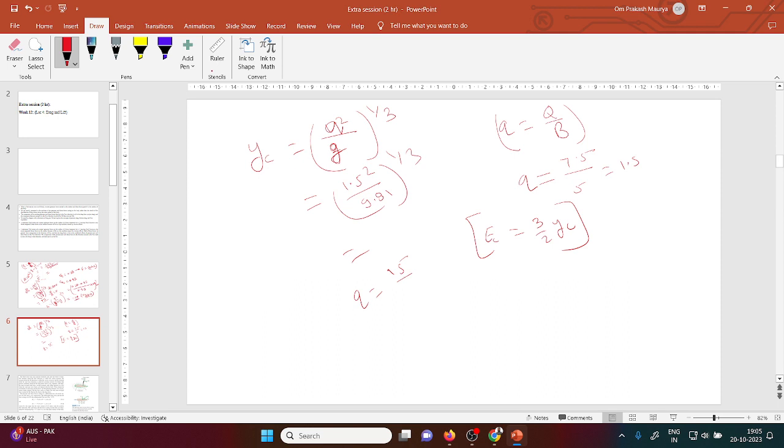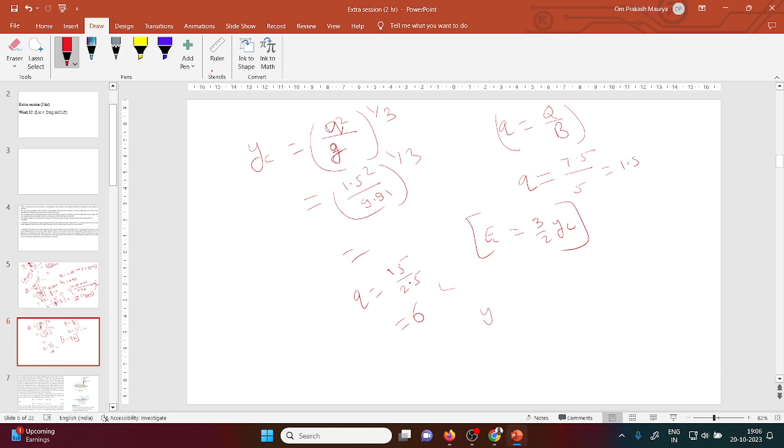How much is the depth? 2.5, right? 15 divided by 2.5, you will get 6, right? And g is given.